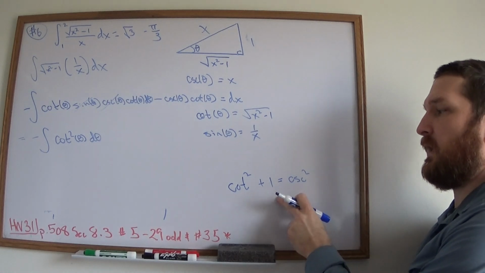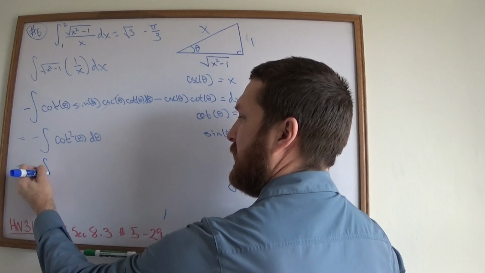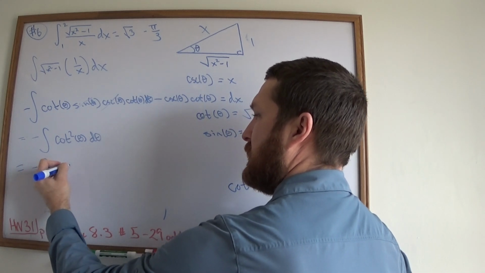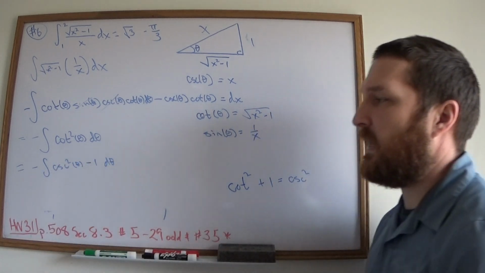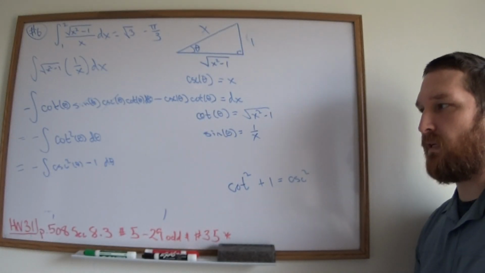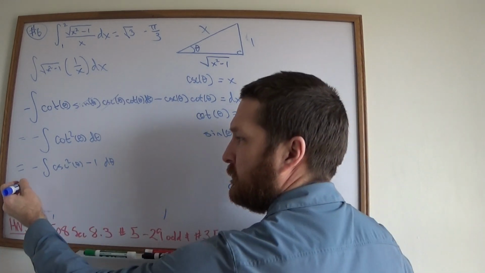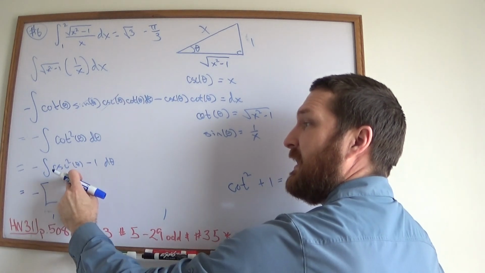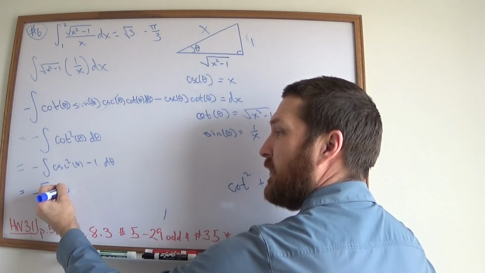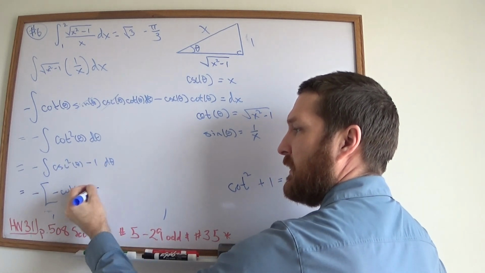So again, cotan would be cosecant squared minus 1, and I chose that for the same reason: I know cosecant squared has an easy antiderivative, and it's negative, right? Don't forget that negative. This turns out to be negative cotan theta minus theta.